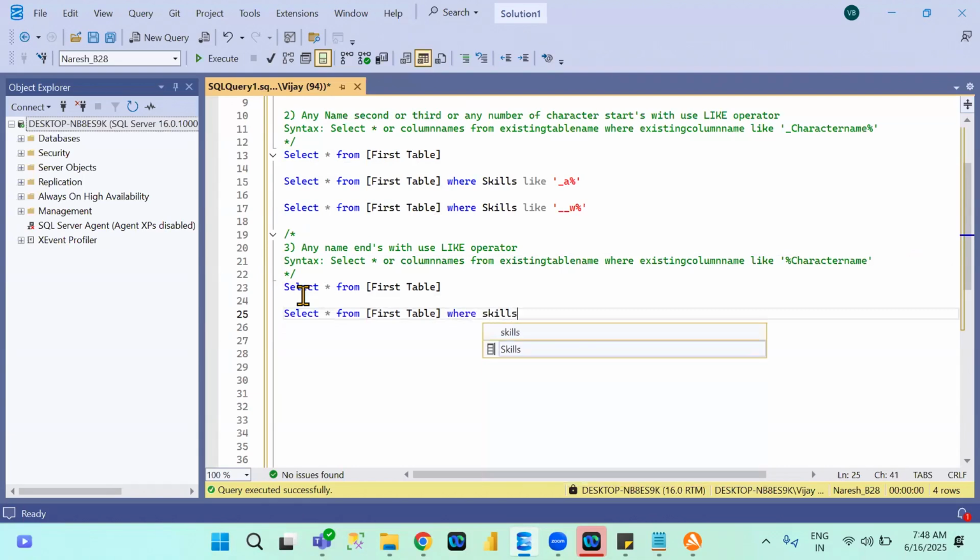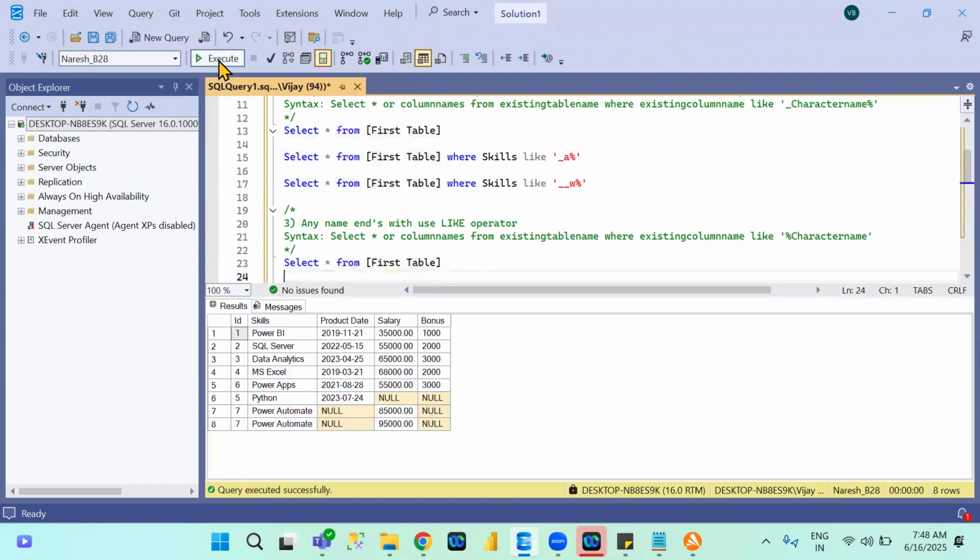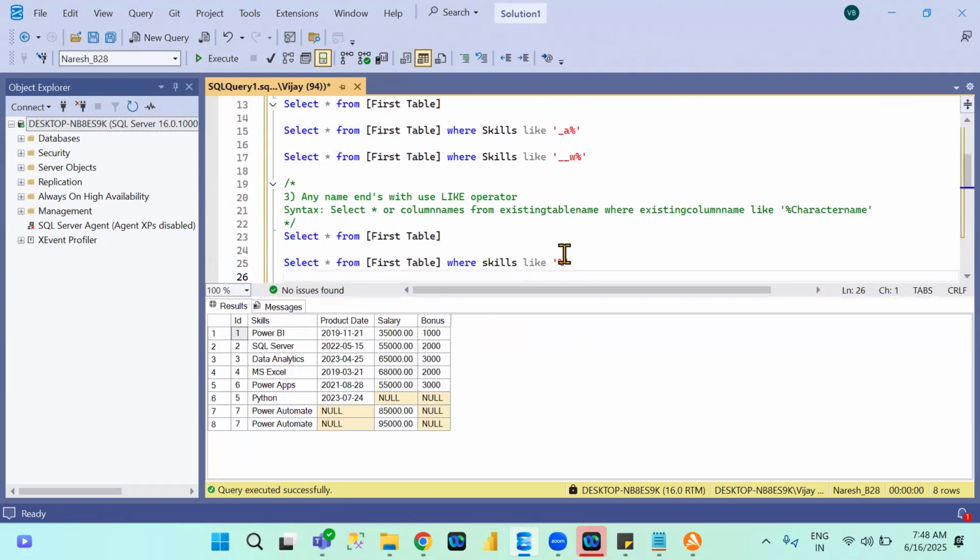Where skills LIKE, percentage. See here. Suppose, for example, ends with E. Understand or not?